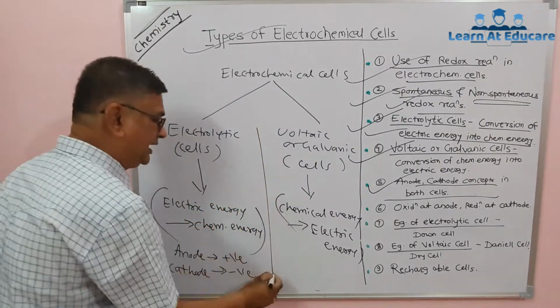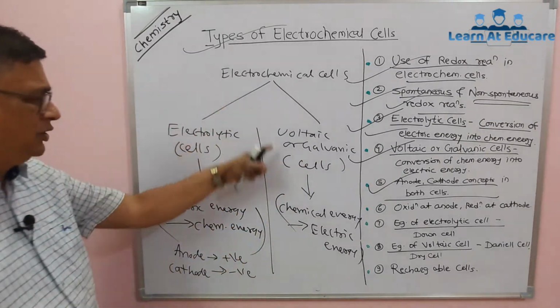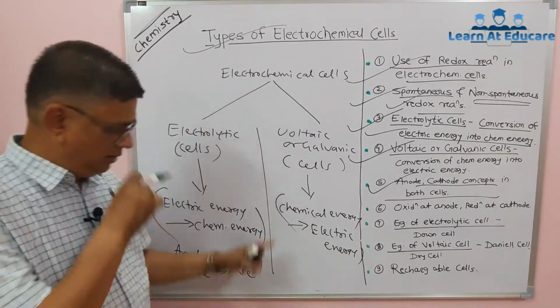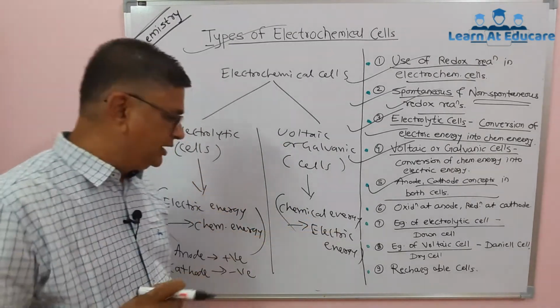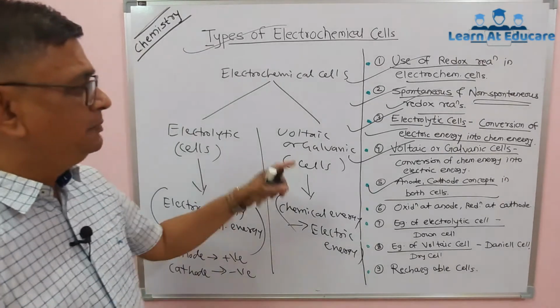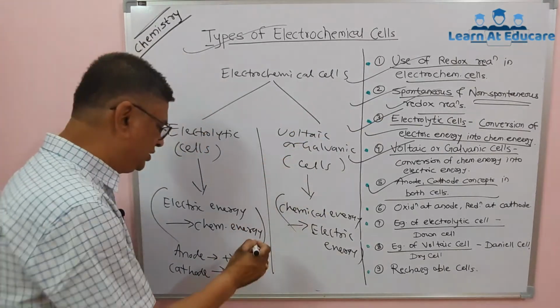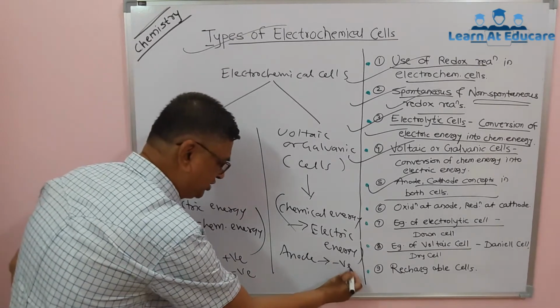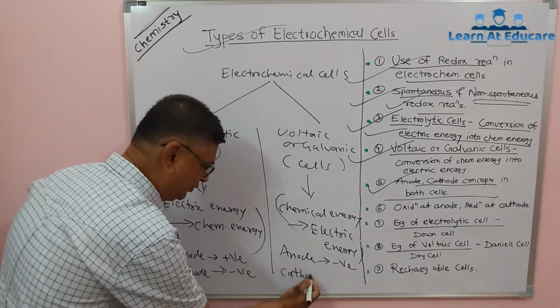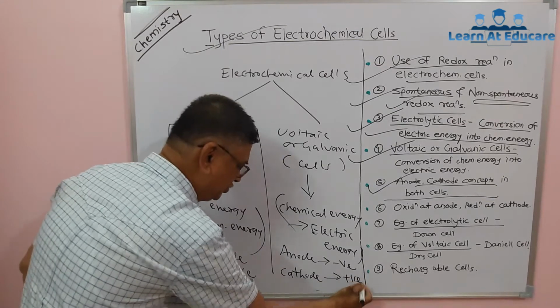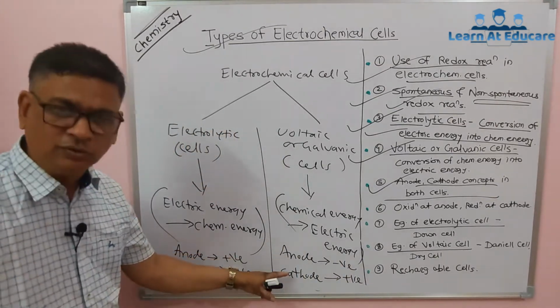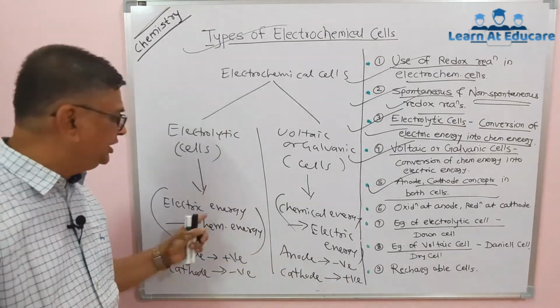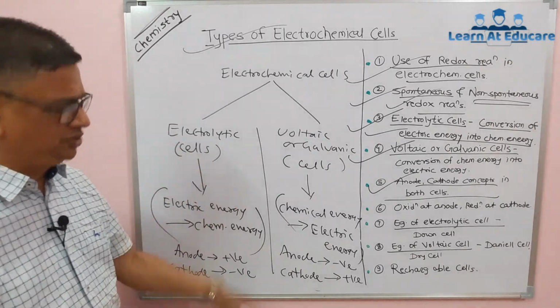Once you know there is an electrochemical cell called voltaic or galvanic cell which converts chemical energy into electric energy by spontaneous redox reaction, then you should know here the anode has the opposite charge, that is, negative, and the cathode has positive charge. So these electrodes, anode and cathode, have opposite polarity in these two types of cell.